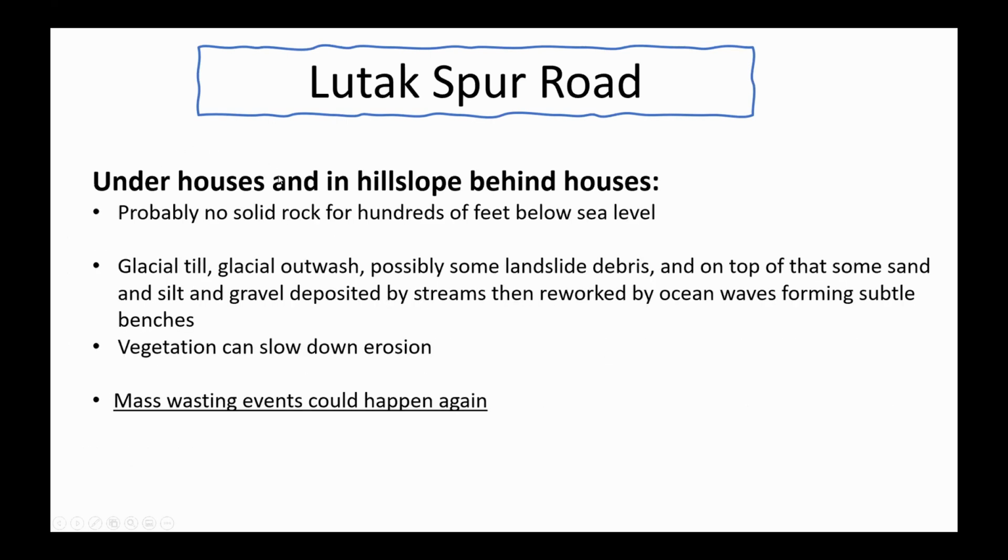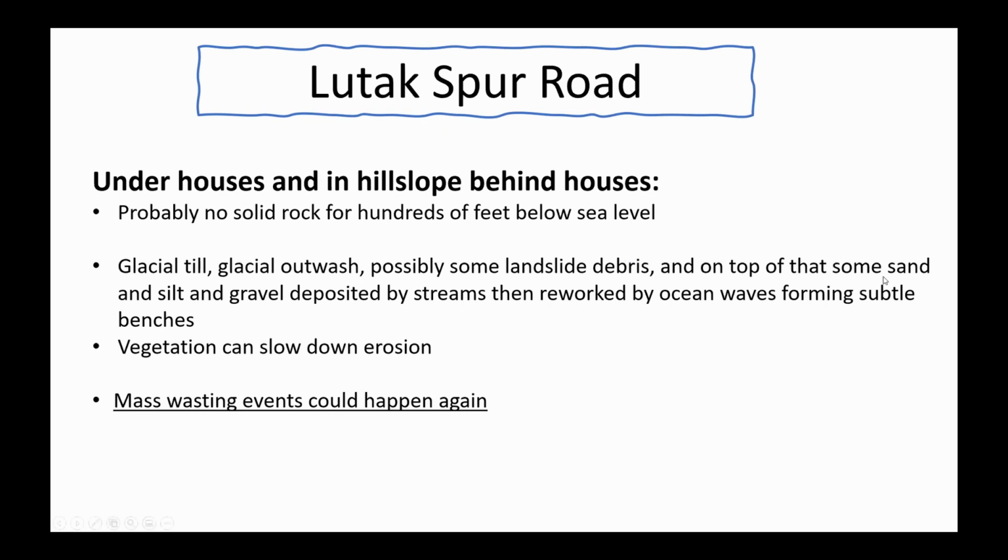Under the houses and in the hill slopes behind the houses, there's probably no solid rock for hundreds of feet below sea level because the glacier scooped them out. Glacial till, which is stuff left underneath the glacier, and glacial outwash, debris washed out from the glacier, and maybe some landslide debris off the sides of the mountains have filled the area behind those houses.